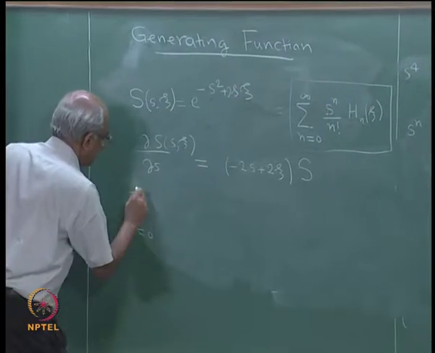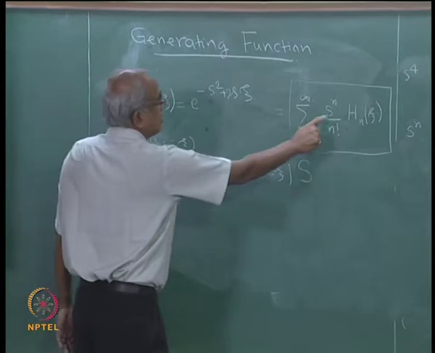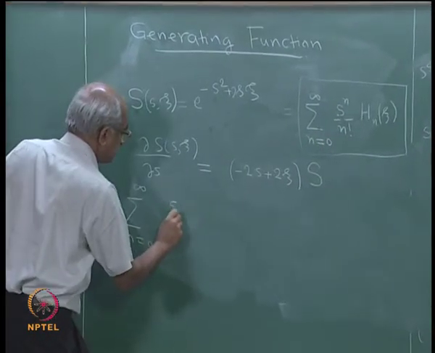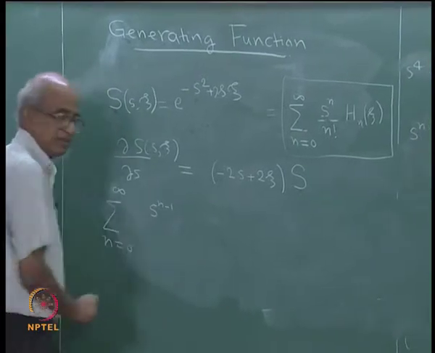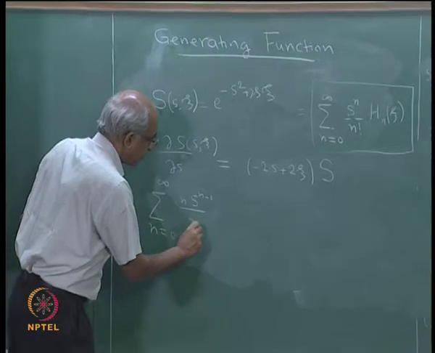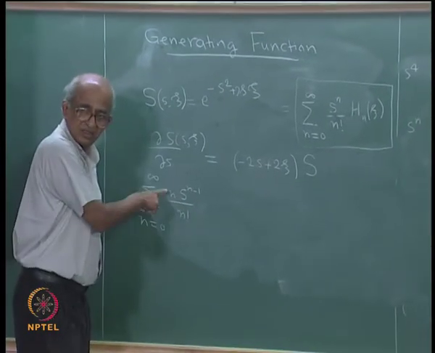Sigma n equal to 0 to infinity, I have to differentiate this with respect to S. So, the answer is going to be S to the power of n minus 1. One n will come down, but then you have n factorial, right. So, what will happen?